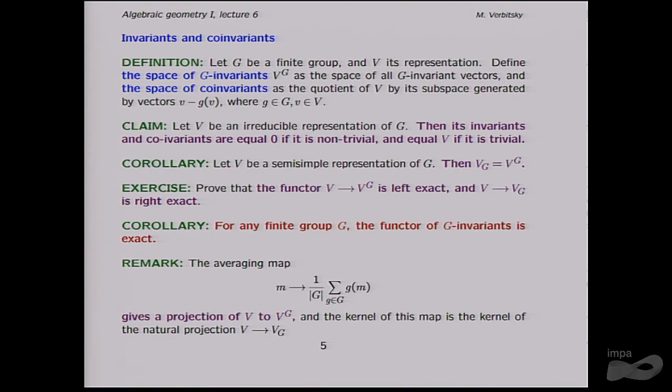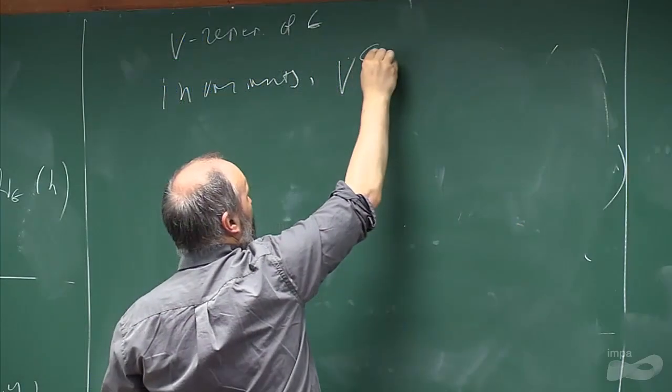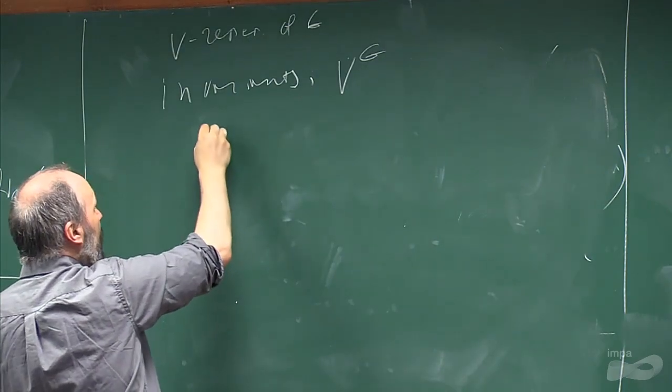Yeah, so on group representations there are two important functors mapping them into vector spaces. They're different. So, invariants: if you have V a representation of G, I denote this by V^G with G on top.